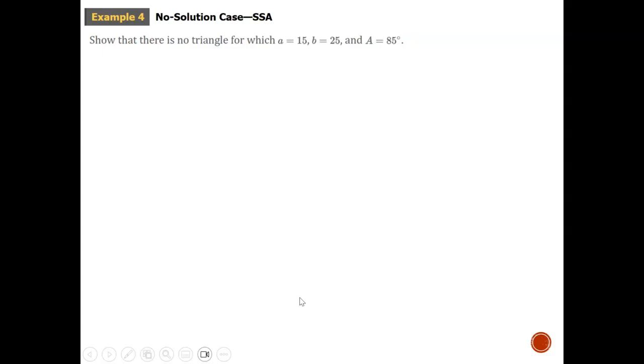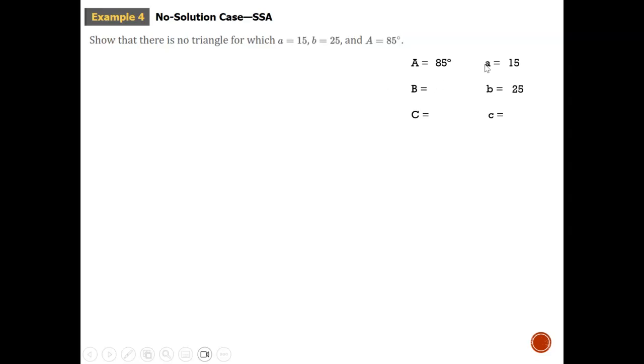Okay, now, hey guys, this case, example 4, is one with no solution, okay? But here's why. They give us angle A is 85 degrees, side A is 15, and side B is 25. Now, we know A is an acute angle, right?